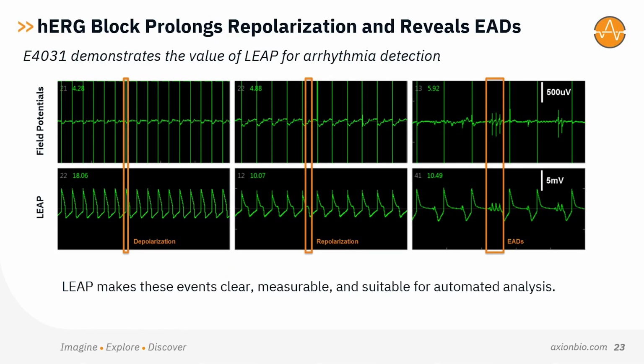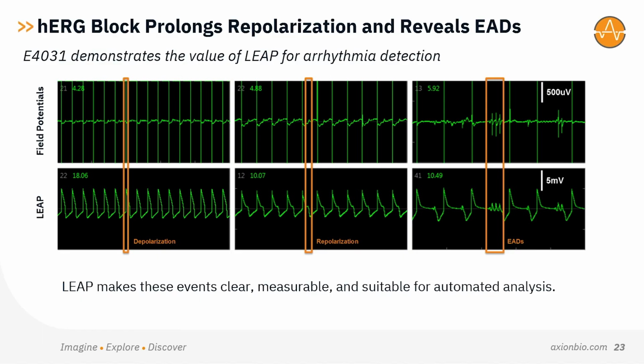Now, this slide compares field potential and LEAP views of the same type of event. Field potentials remain a powerful readout, but certain features can be subtle. In LEAP, those features become much more visually apparent. You'll notice the scale bars. LEAP signals are often an order of magnitude larger than field potentials while still maintaining small noise profiles.